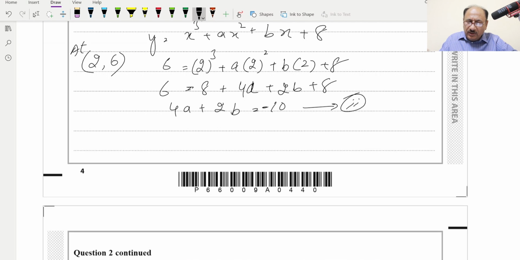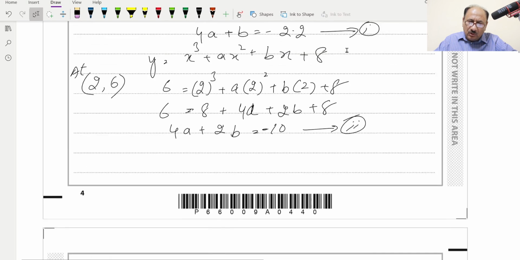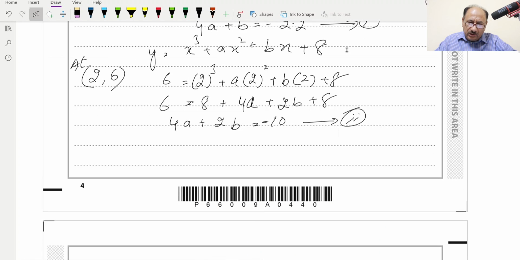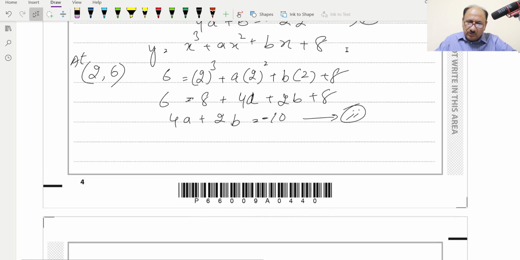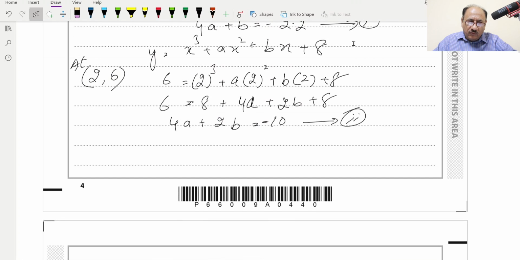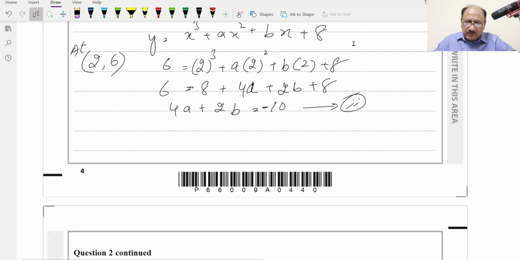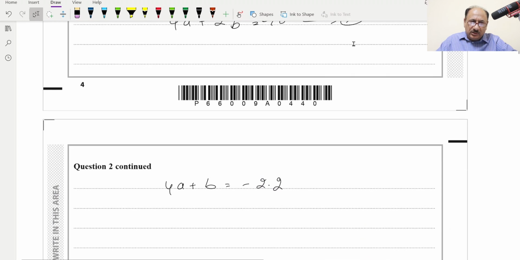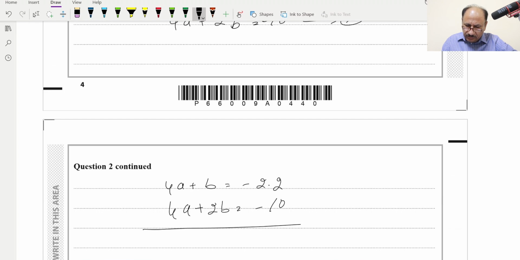So equations 1 and 2 we can solve simultaneously. Equation 1 is 4a plus b is equal to minus 2.2, and the second equation is 4a plus 2b is equal to minus 10. These two equations we can simultaneously solve.